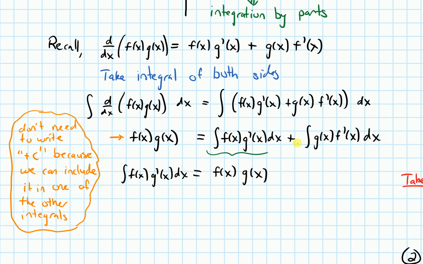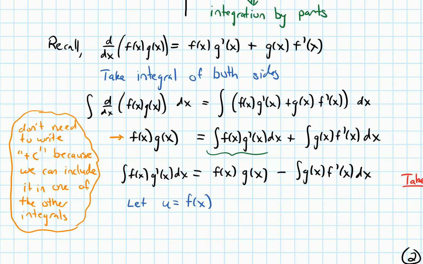And then we have to move this other integral over. So we're going to have to subtract the integral of g of x times f prime of x dx. Okay, so now I'm going to introduce some notation to make this easier to write. I'm going to let u be equal to f of x.